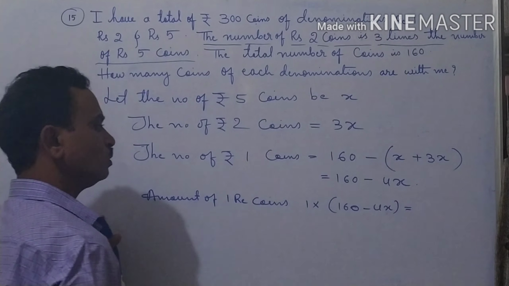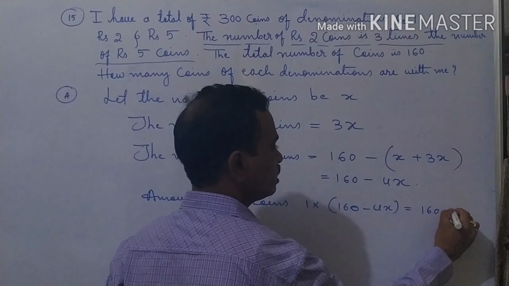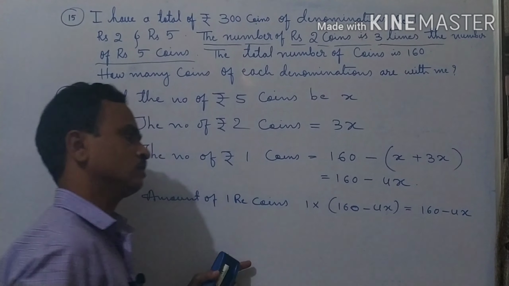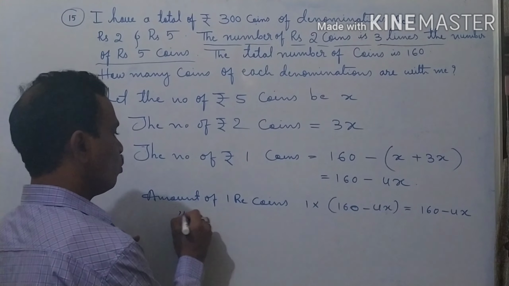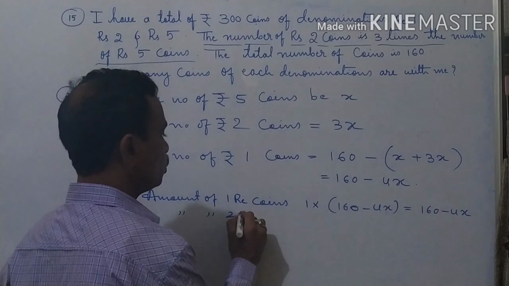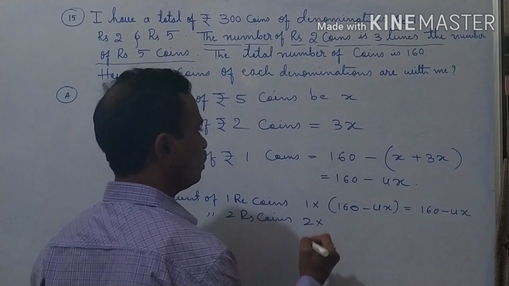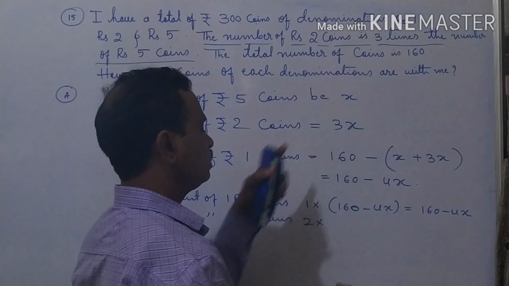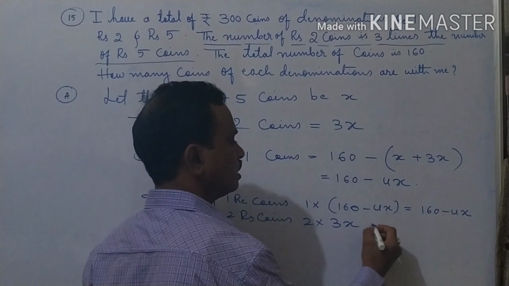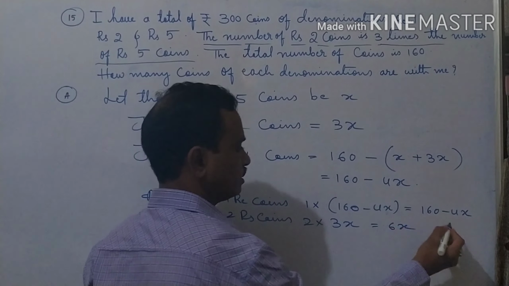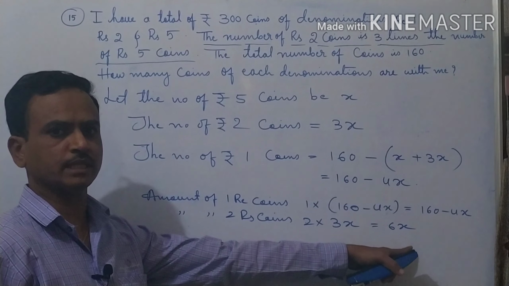This is the amount of 1 rupee coins. Next, the amount of 2 rupees coins: 2 into 3x, 2 threes are 6, 6x. The amount of 2 rupees coins is 6x rupees.